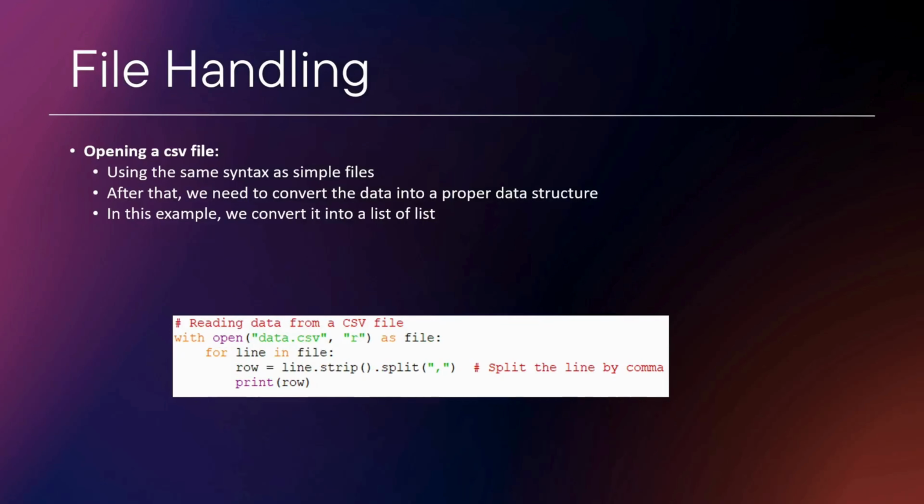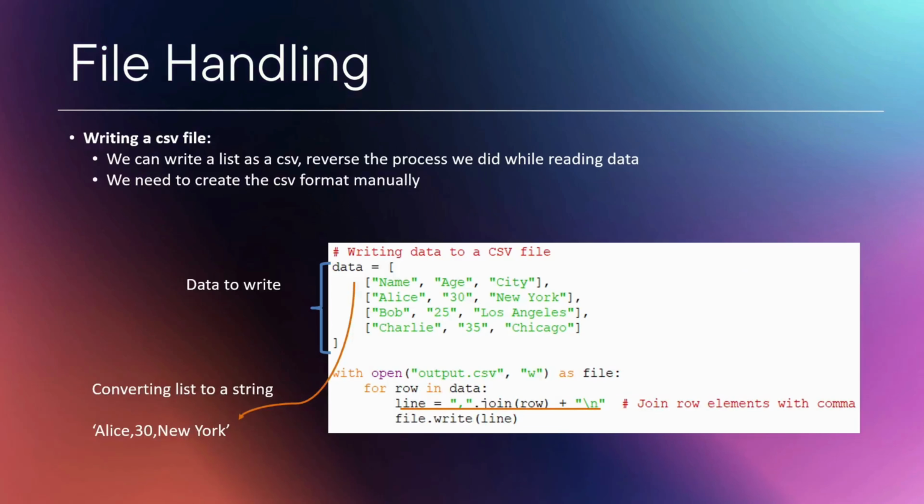When reading, we were splitting the string at each comma, so all three or four columns were separated into list items. Here, for each list item, we are joining them with a comma in between, so they're in one string. So we can actually write them in a file and open them as a CSV file.